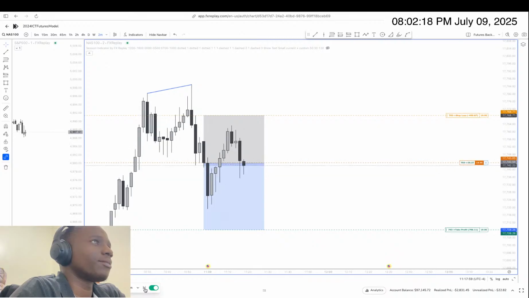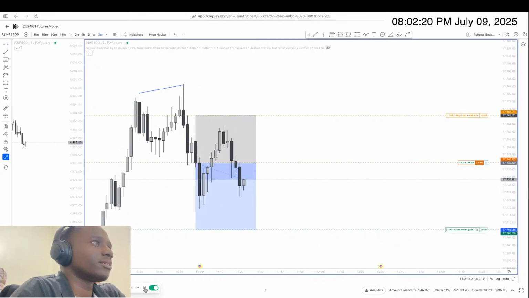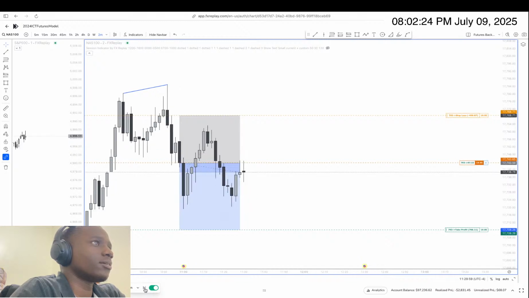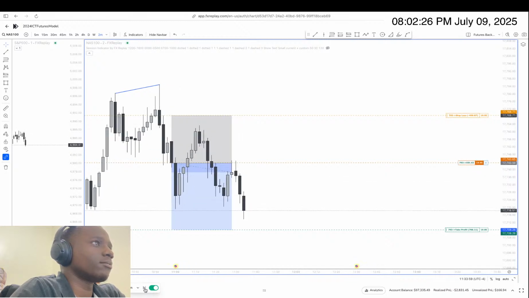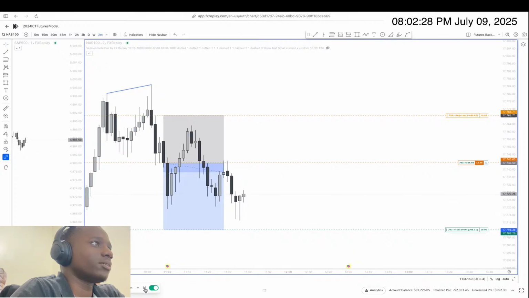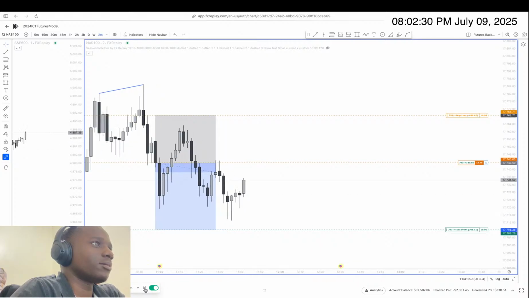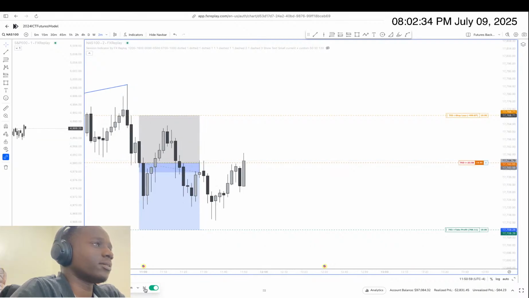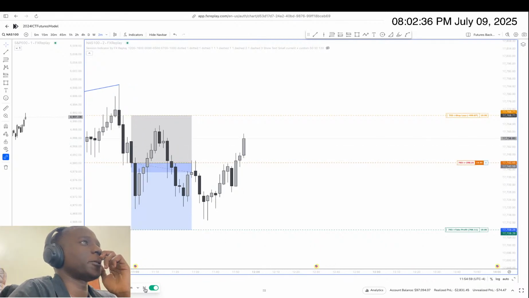Market is playing with us for real. Okay, we're about to reach into lunch hour. Let's see if we tap the POI we need. Oh come on, consolidation, seriously.